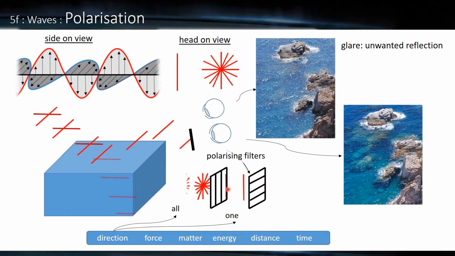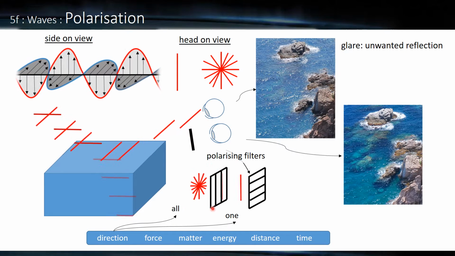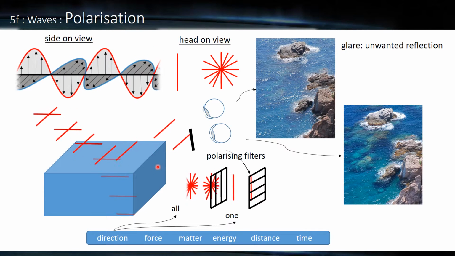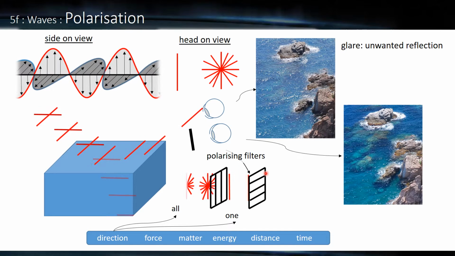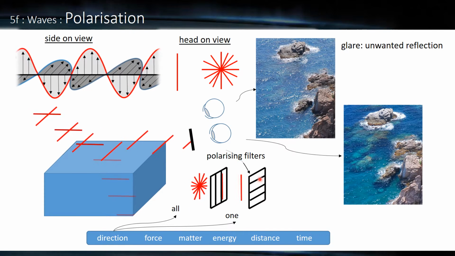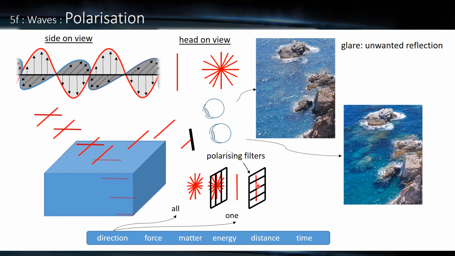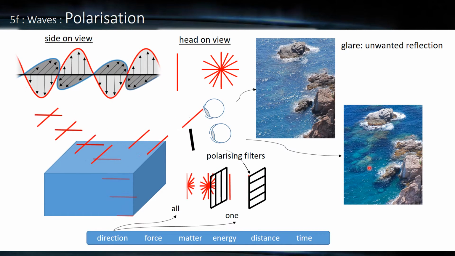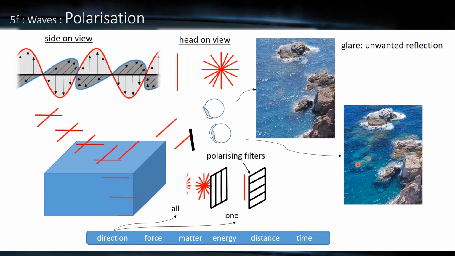So half the energy goes through. So that this first filter does a very similar job to the water. Then our second filter, you'll notice it's at 90 degrees difference, so opposite orientation, and that will absorb all of it. And the result of that is we get an image like that, very easy to see what's going on underneath the water.